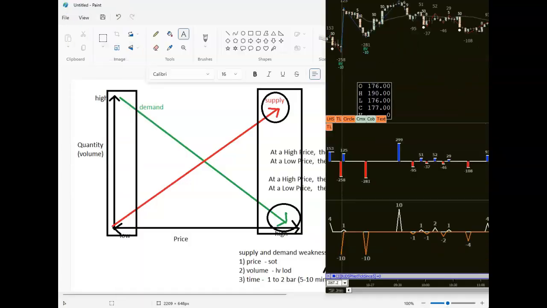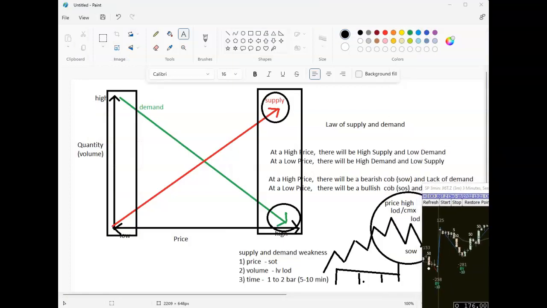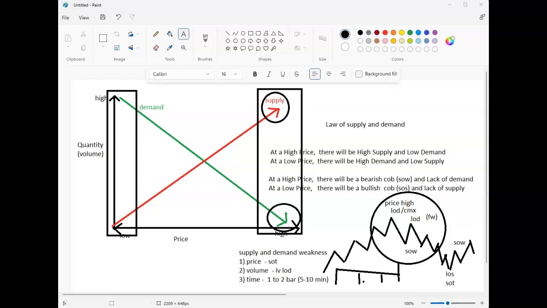So the point that I'm trying to make is that this law exists in the market, but it's not as simple as just creating an indication. What you need to do is use some common sense, attach it to levels, understand what context is, and you'll see that it happens over and over again.